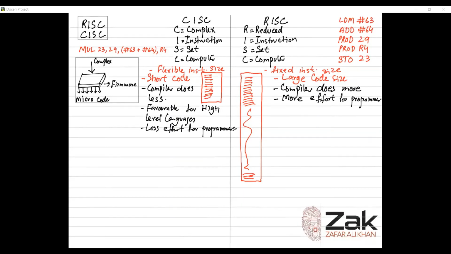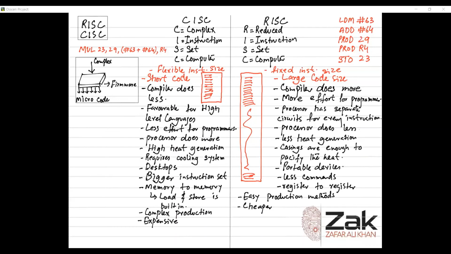Now the processor does more over here. Over here the processor does less, because the processor would have the extra duty of converting the complex code to microcode. Over here, high heat generation.